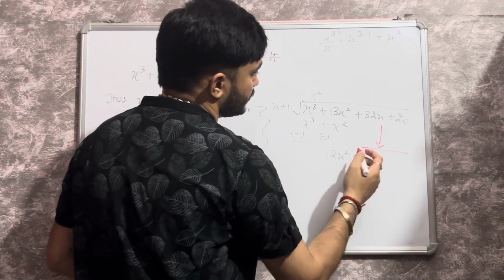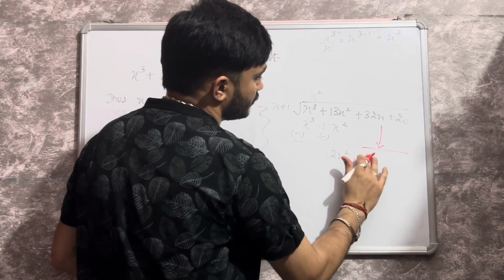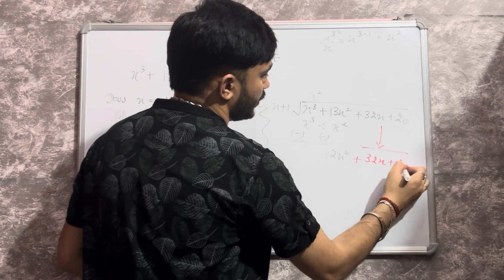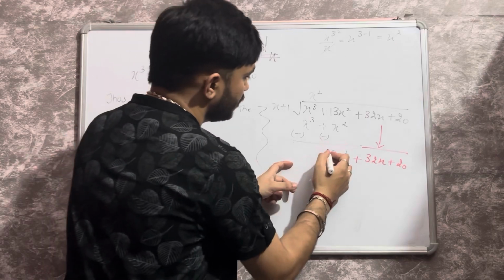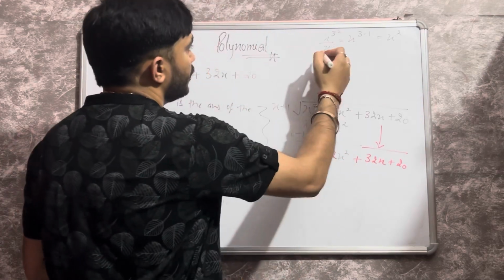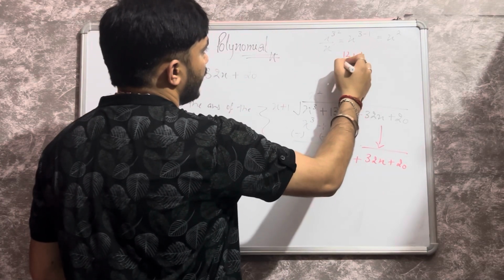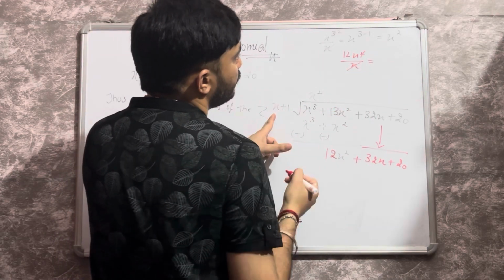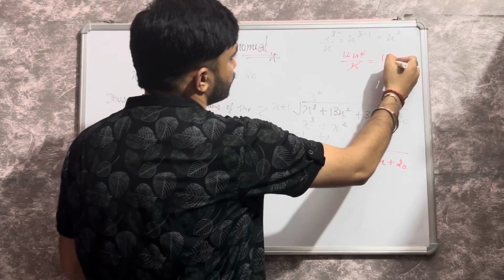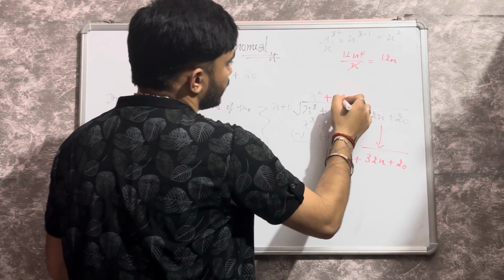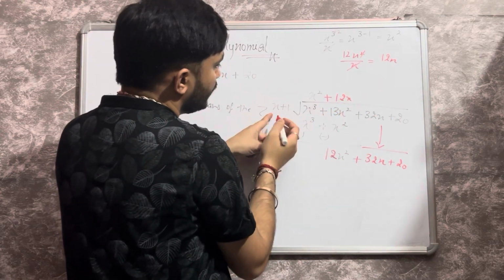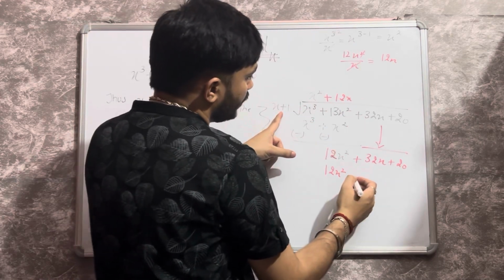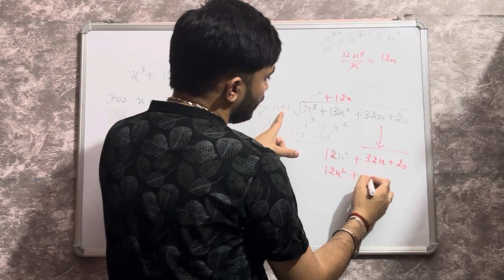Now take this number forward, plus 32x plus 20. Now take this first number, that is 12x square, and divide it with x. You will get plus 12x. 12x into x, you will get 12x square. 12x into 1, you will get 12x.